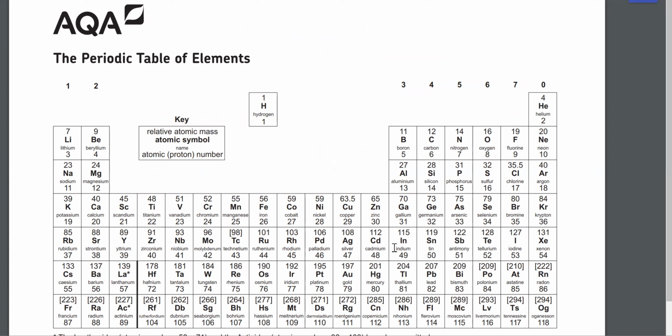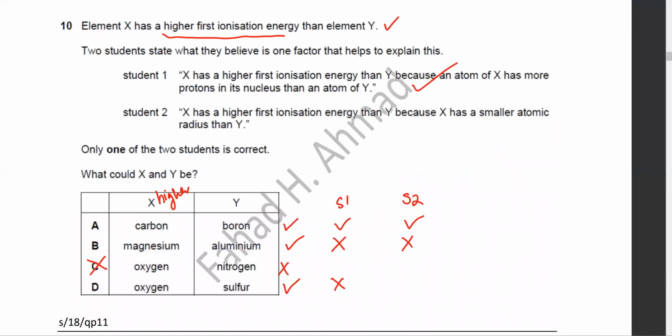So that is one of the factors: the reason it's more difficult to remove electrons from oxygen is that oxygen is smaller in size, it's less shielded, and the electron is a lot closer to the nucleus. So student 2 is correct over here. The smaller atomic radius of oxygen is one of the factors. That's why the ionization energy of oxygen is greater compared to sulfur.